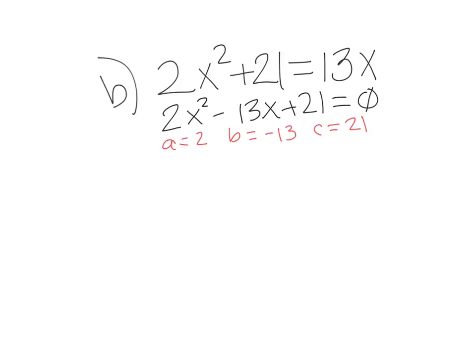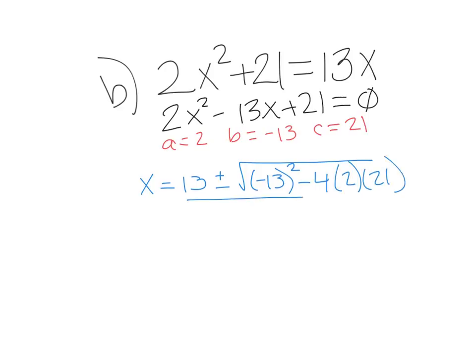Plugging that into the quadratic formula, x equals -b makes it +13, b squared minus 4ac all over 2a, or x equals 13 plus or minus, what is 13 squared?